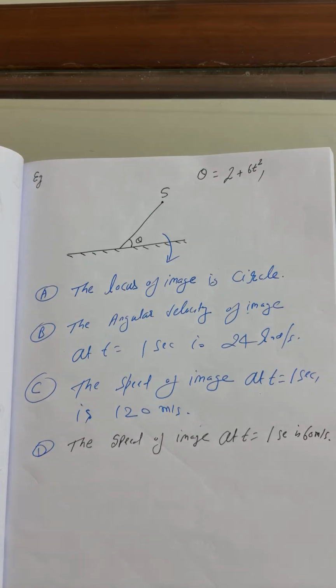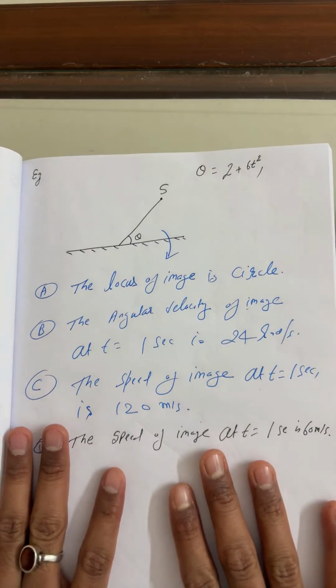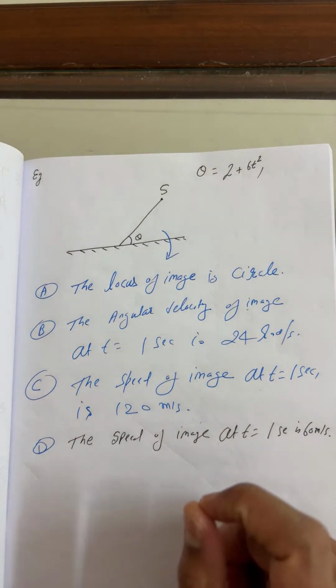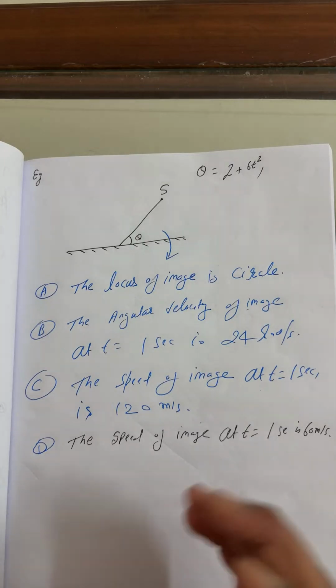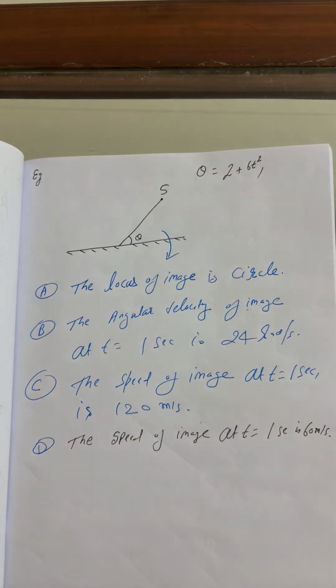Right. So students, these are the questions. Now have a look at the solution. Literally, it's a good question, but students can easily understand it if they have already learned and grasped the concept of rotation of mirror.